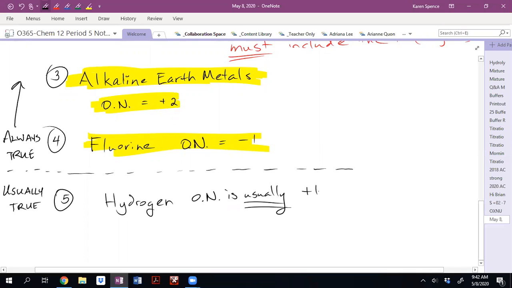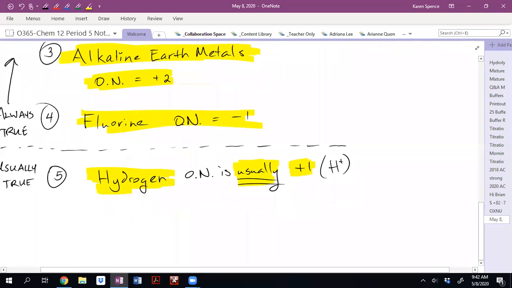Okay, that's just like in all of our acids, right? H plus. So hydrogen is usually +1. However, it can also be -1, and it will sometimes be -1.